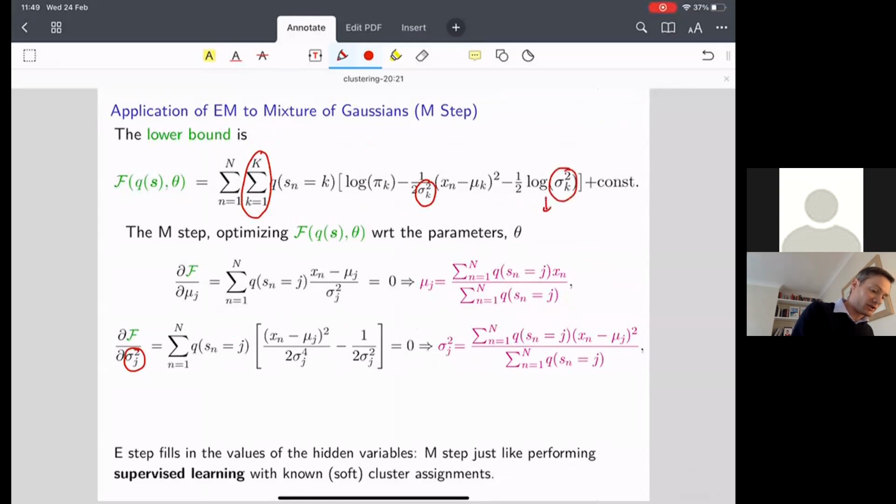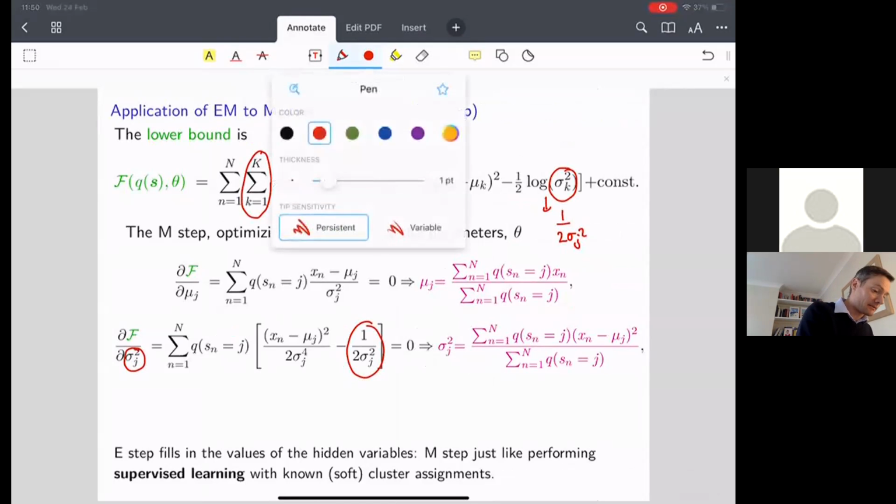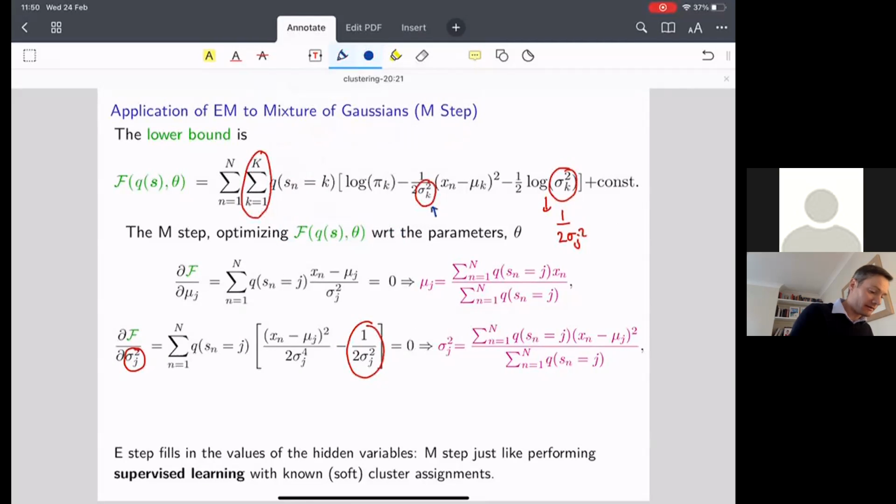This one, when we differentiate it, will give us something like 1/2 sigma j squared. That's going to give us this term in here. And the second place where it turns up, we have to differentiate this thing. And when we differentiate this thing, we'll get a minus sign cancelling out with this minus sign. So we get something that looks like plus xn minus mu j squared, just from the quadratic term here, which is unaffected.